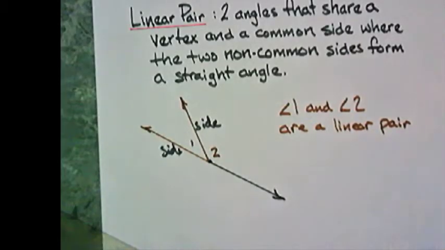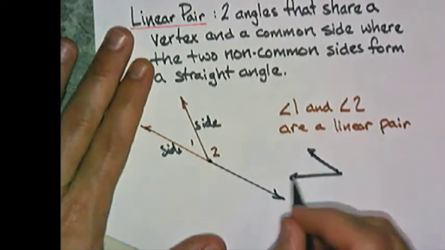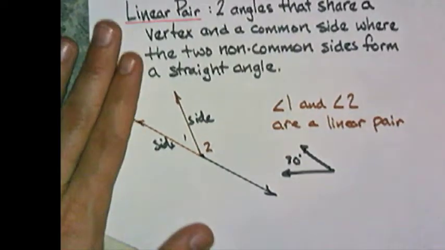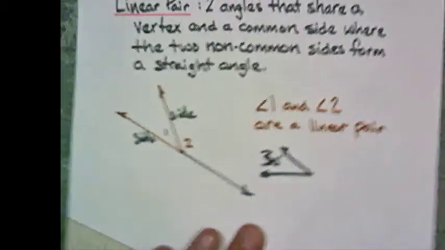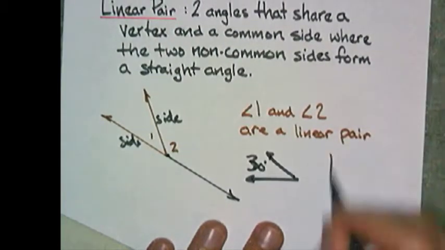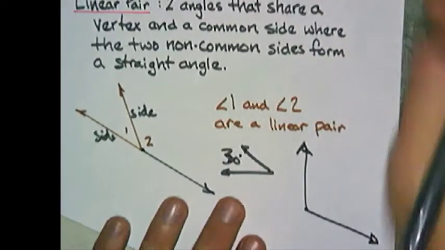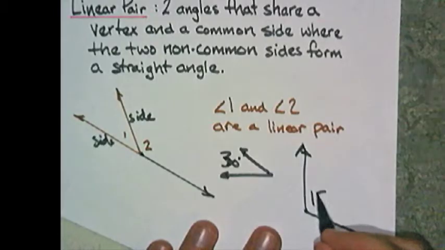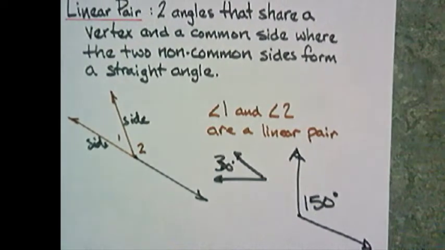Now, don't fall for this. If I tell you there's an angle that has a 30-degree measure, let's make sure that shows up 30 degrees, and there's another angle over here that has a measure of 150 degrees. I'm going to ask you, are those two angles a linear pair?